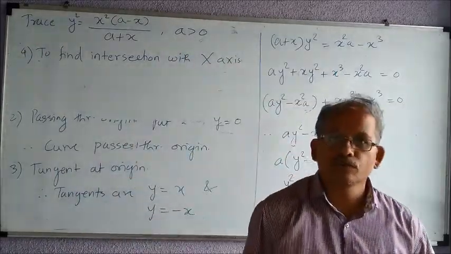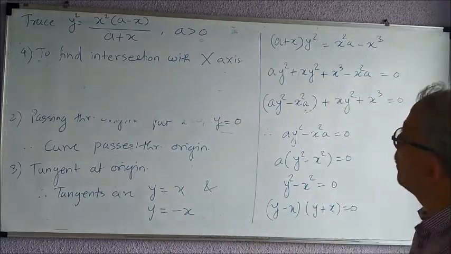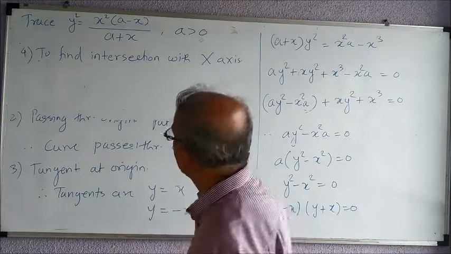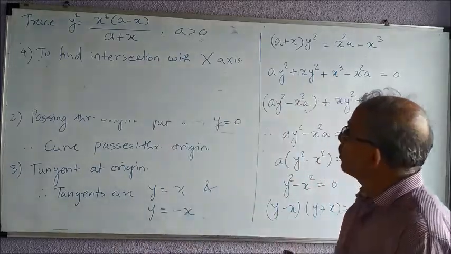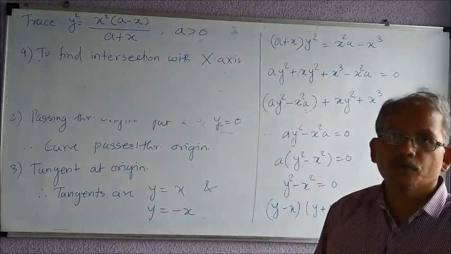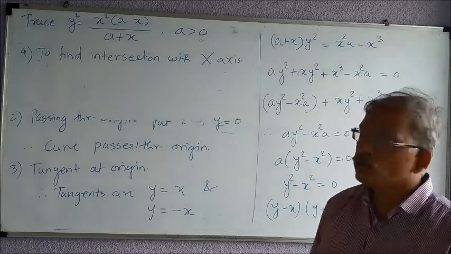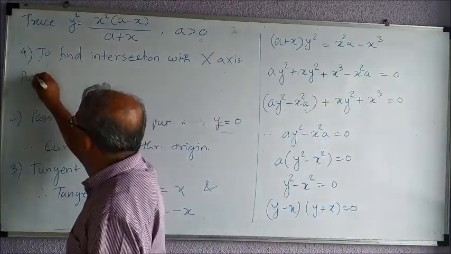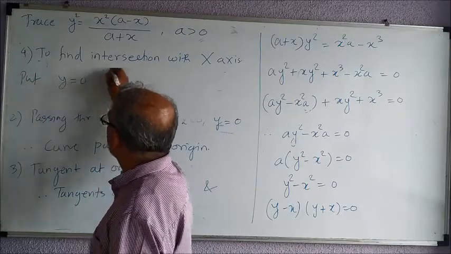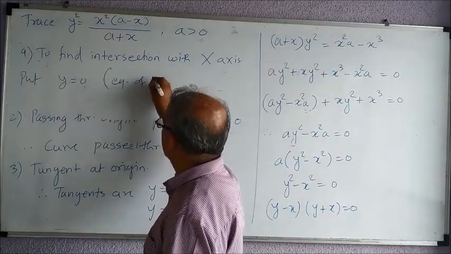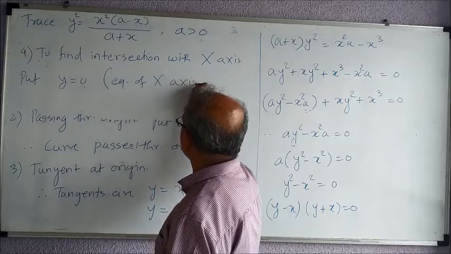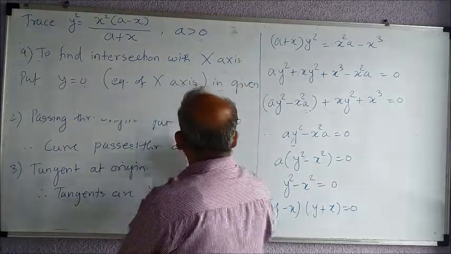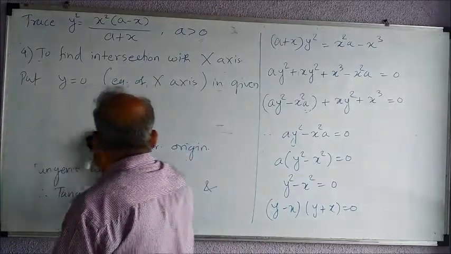That is possible if I put the equation of x-axis in the given equation of curve. And equation of x-axis, you know, it is y equal to 0. So I'll put y equal to 0, the equation of x-axis, in the given equation of curve.